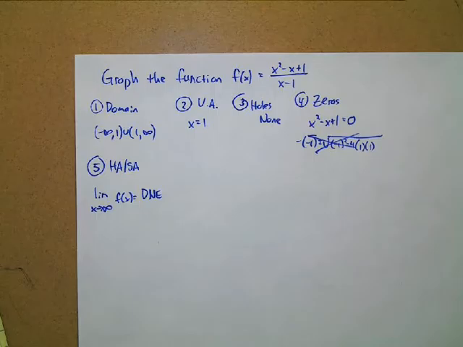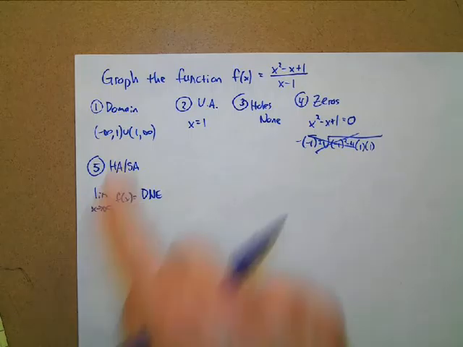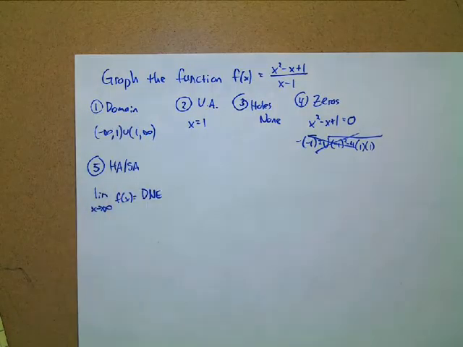Just like your domain restrictions will either be, in these cases, a vertical asymptote or a hole, okay? When it comes to horizontal asymptote and slant asymptote, you will have one or the other, but not both, okay? It's impossible to have both. The nature of a slant asymptote requires that your degree on top is bigger than the degree on the bottom. If that's true, then a horizontal asymptote can't exist because the degree on top is bigger than the degree on the bottom, and so it's going to go to infinity, right?